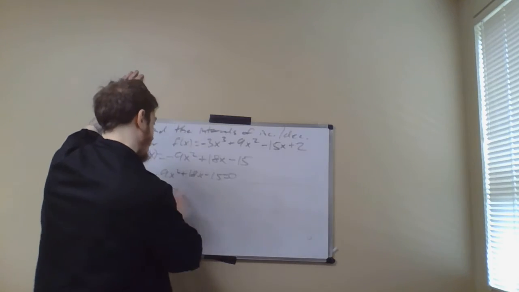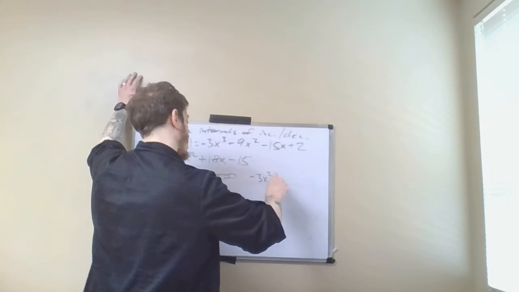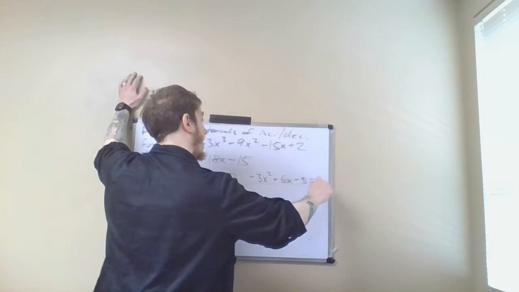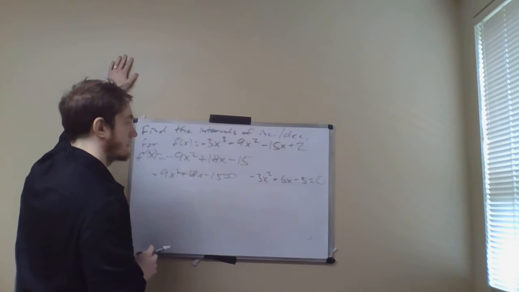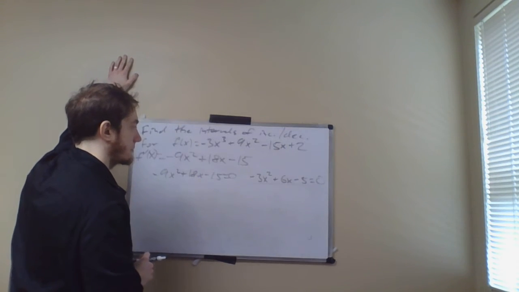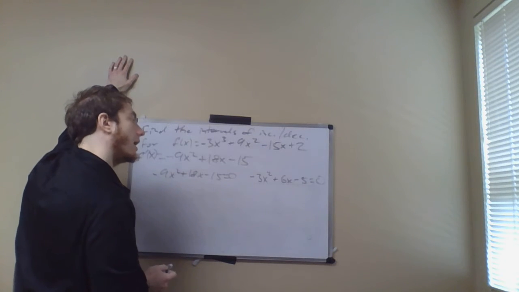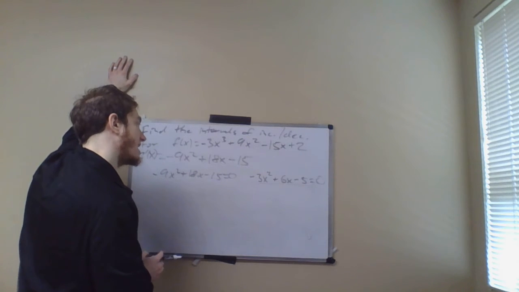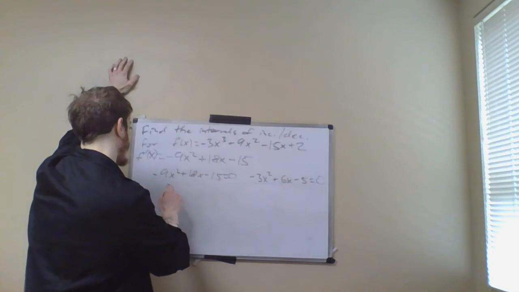This is the same as, if I divide everything by 3, negative 3x squared plus 6x minus 5 equal to 0. Oh crap, I did write one down that has no critical points. If you try to solve this, b squared minus 4ac is going to be 36 minus 60. So this actually has no critical points.